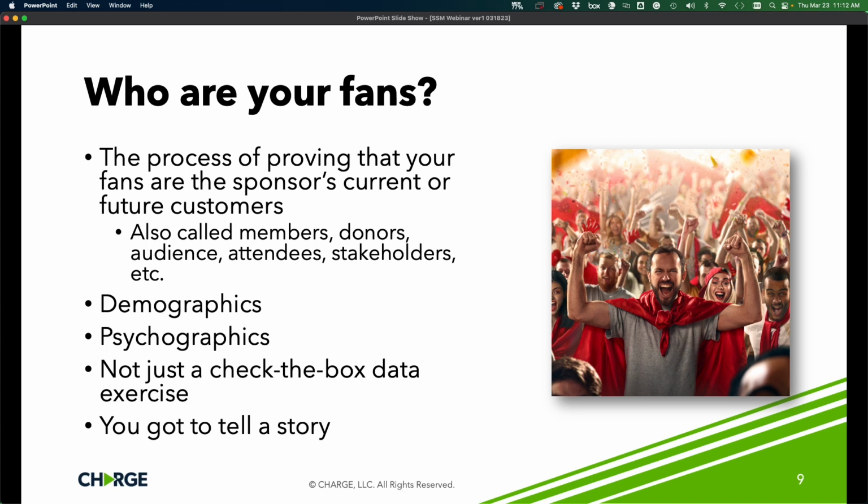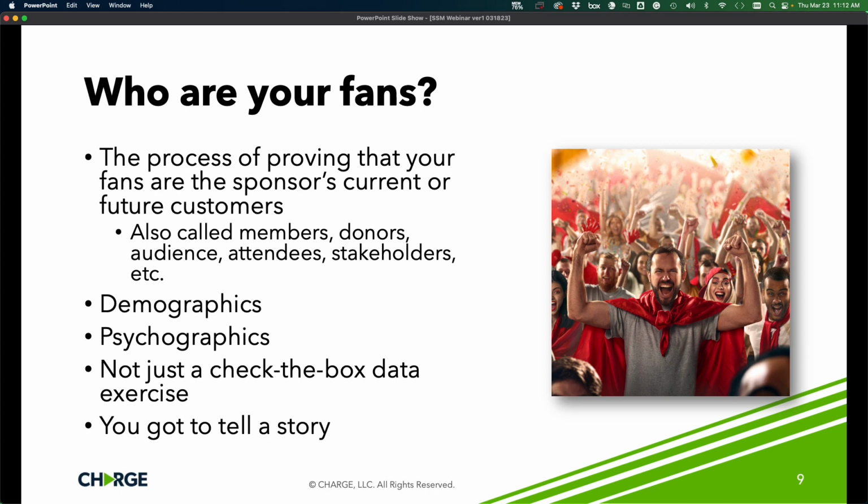You also want to describe your fans in terms of their psychographics. So, psychographics are things like the values they have, the hobbies that they engage in, the things that they believe in. So, demographics and psychographics create an entire picture to give the sponsor a sense of whether or not their customers can be found in your audience.